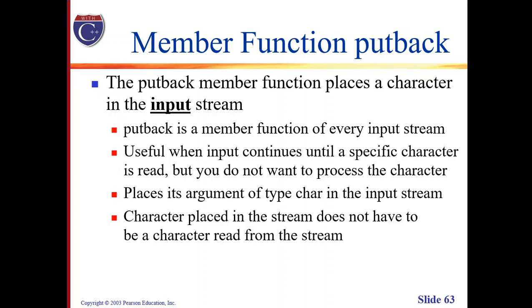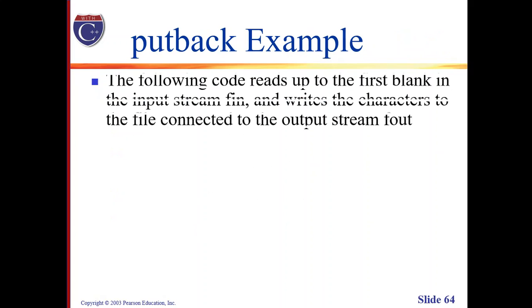However, there will be times that you don't have to process such character because that is not required by your input. So in that case, instead of processing that character, you can simply put that back into our input stream. And that's where you use the function putback. Later on, we will see an example for that. And here it is.